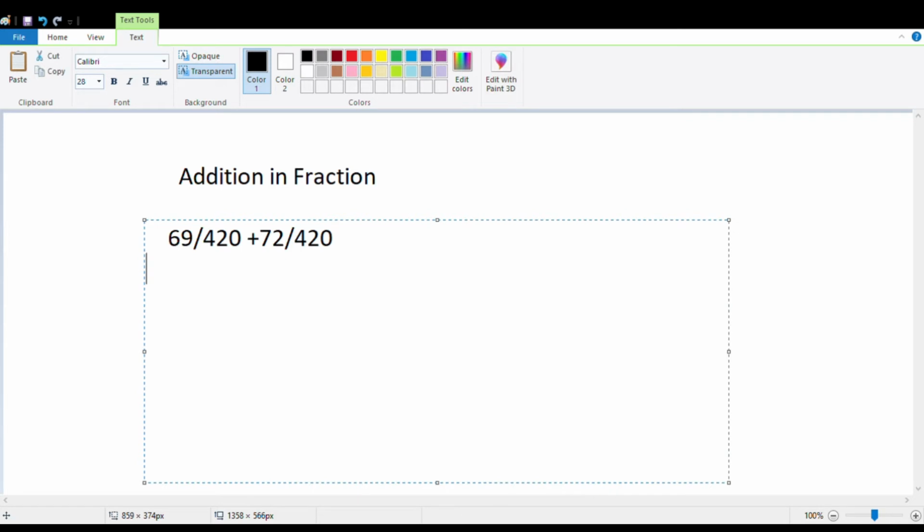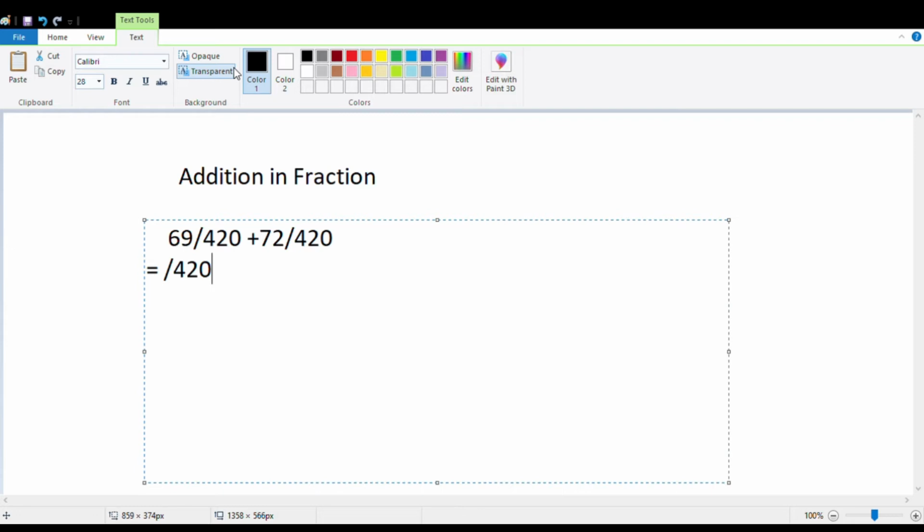Since the denominators are the same, the answer must have 420 on the denominator side, because we don't add the denominators. But what will be the answer if you add 69 and 72?